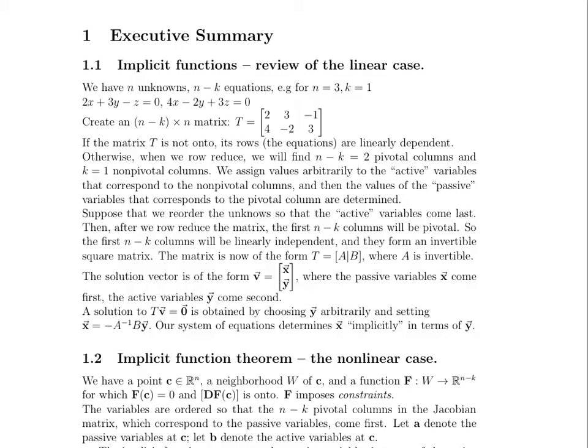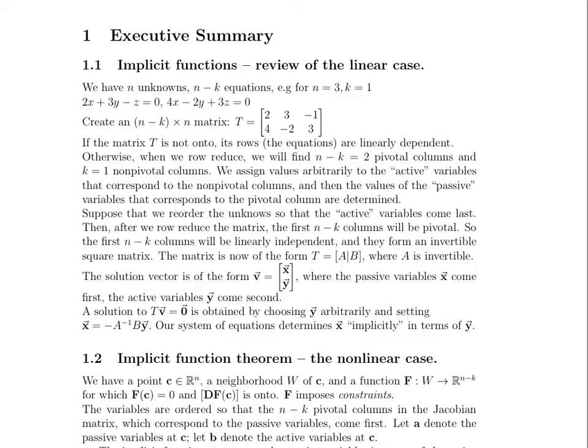Well, first, let's create an n minus k by n matrix T. All we've done is strip the coefficients off of the x's here, the y's here, the z's here. And if the matrix T is not onto, its rows or the equations are linearly dependent.